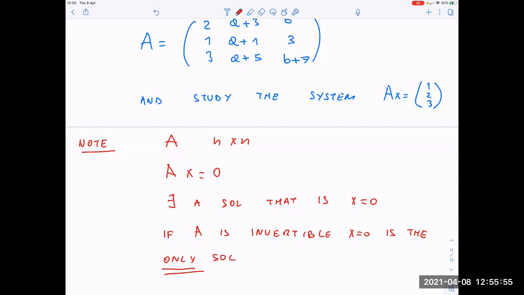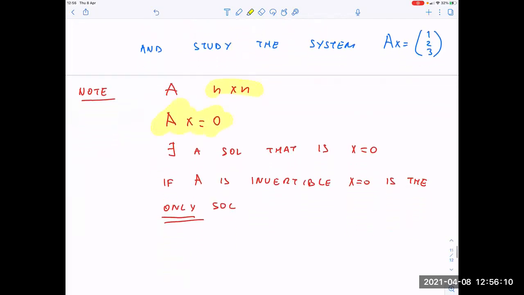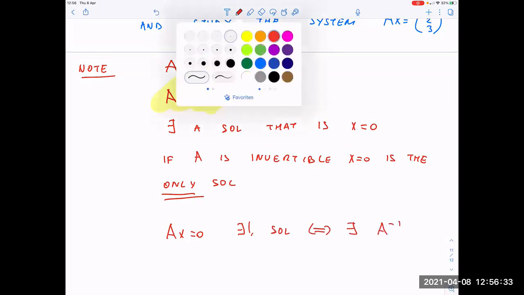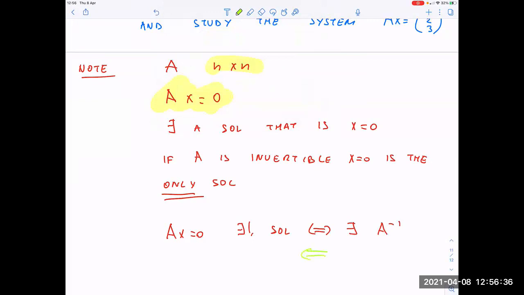So you see, if this system has a unique solution when the matrix is square, you find that it is invertible, okay? Vice versa, if it is invertible, a unique solution exists. This is what we want to establish: that AX equals 0 has a unique solution if and only if the inverse exists. This part here should be clear.